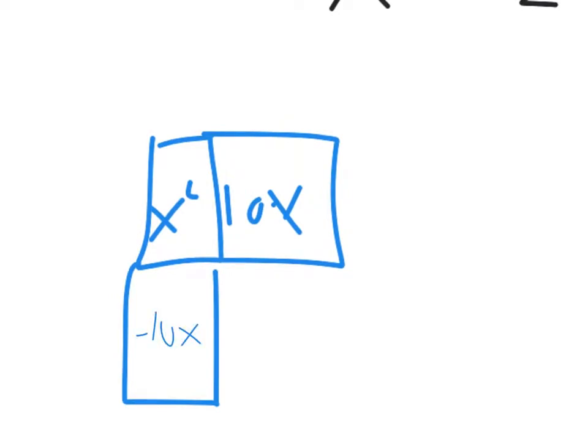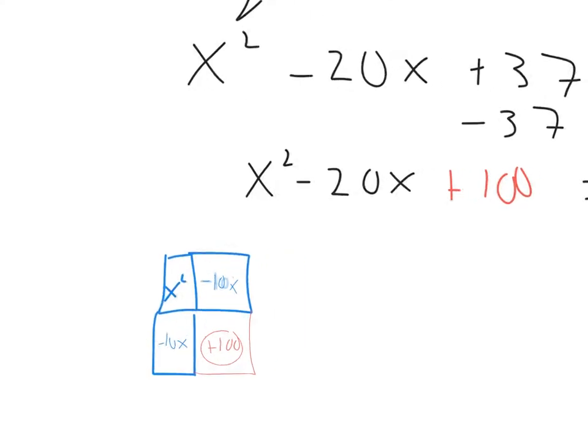That's right, Nahia. So we're going to have negative 10x and negative 10x. So that means that this area will be 100. In order to complete the square, we're going to need to add 100.